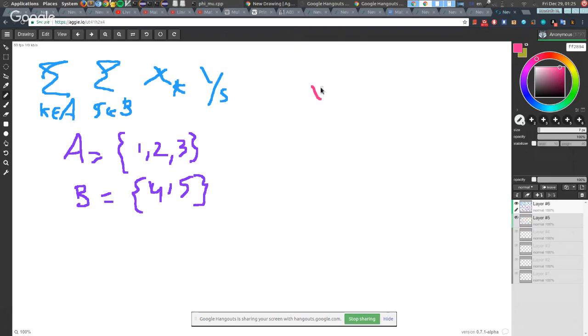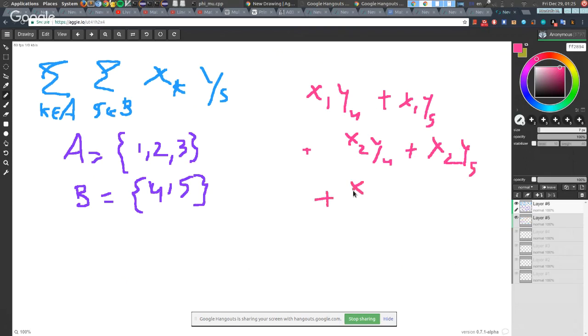So here it's x1 y4, plus x1 y5, plus x2 y4, plus x2 y5, plus x3 y4, plus x3 y5. Also you can find this is the same as making a multiplication of the summations, as we concluded.